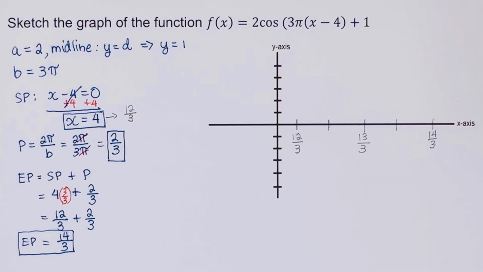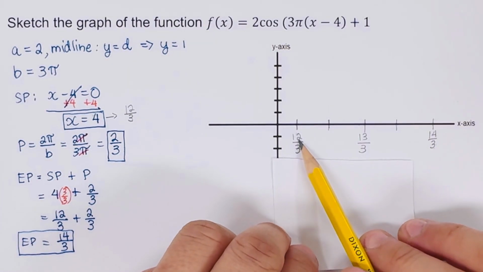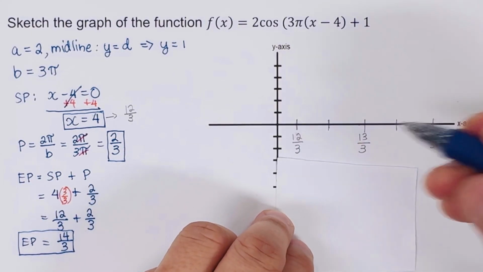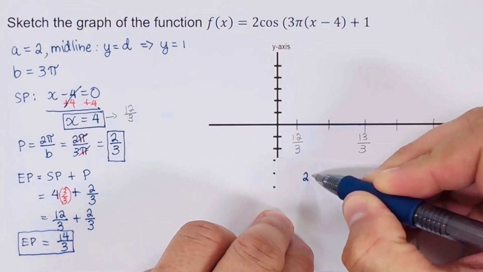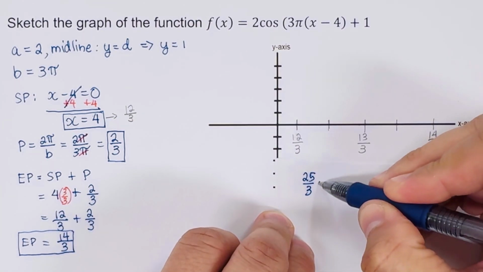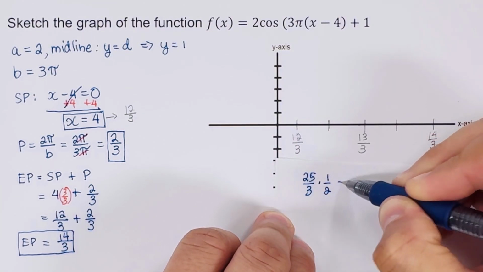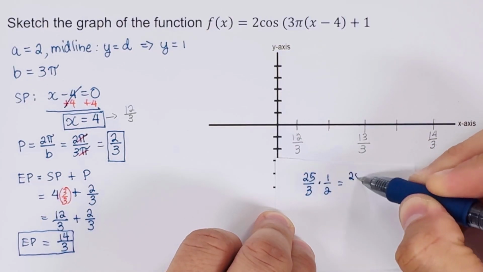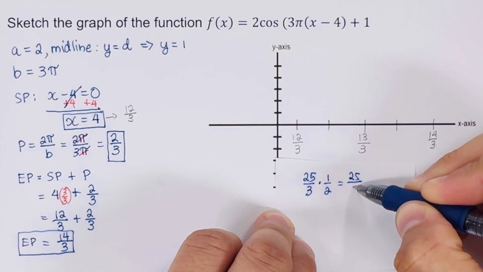Now let's find the next middle here. We're going to add 12 over 3 plus 13 over 3, so that would come out to 25 over 3. And then we again multiply that by 1/2. So this would come out 25 times 1 is 25, and that is over 6.